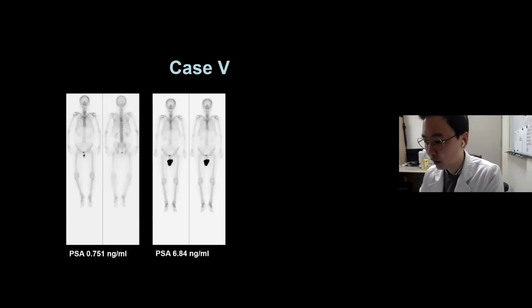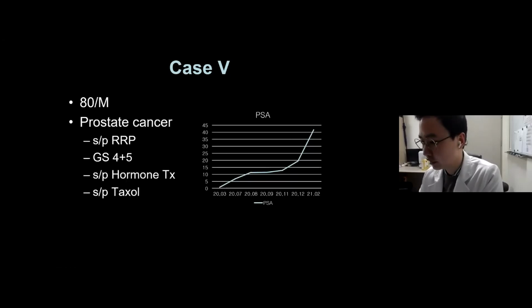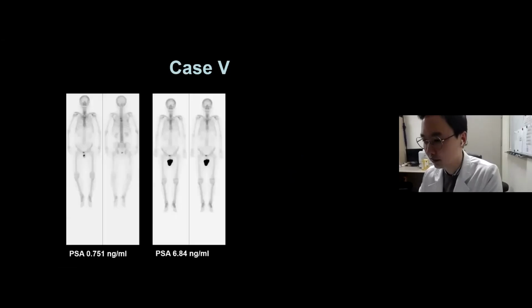So firstly, we did the bone scan to see whether there was any change in the known thoracic metastasis.